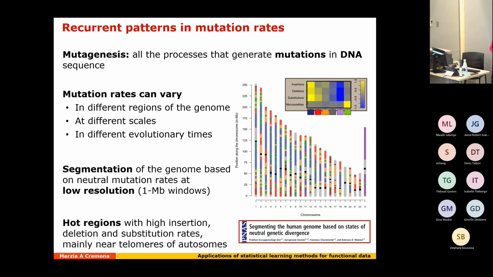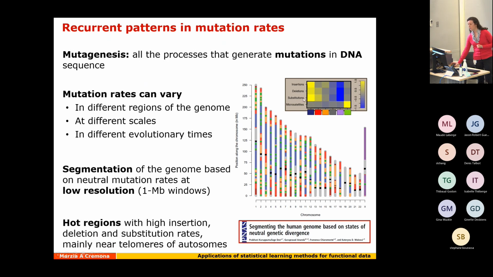So my collaborators, in a previous work, were able to segment the genome into 6 different states based on different types of neutral mutation rate. Among these regions, there is this first group that has a very high level of insertion, deletion, and substitution rates.